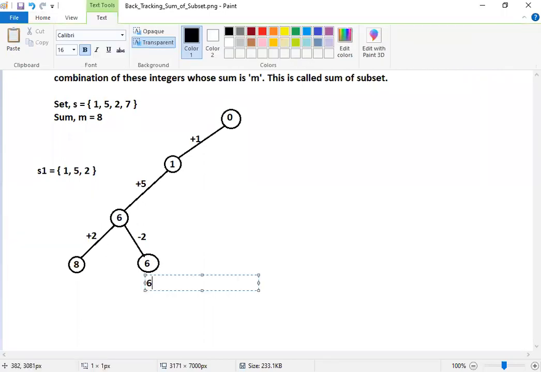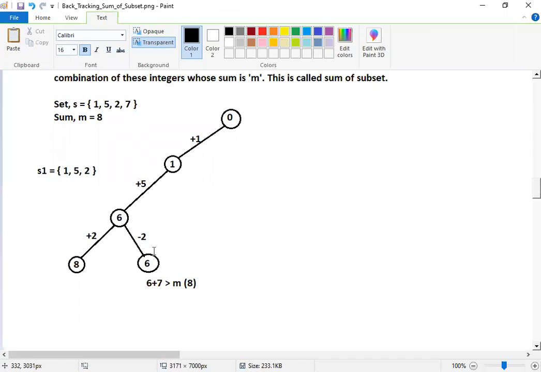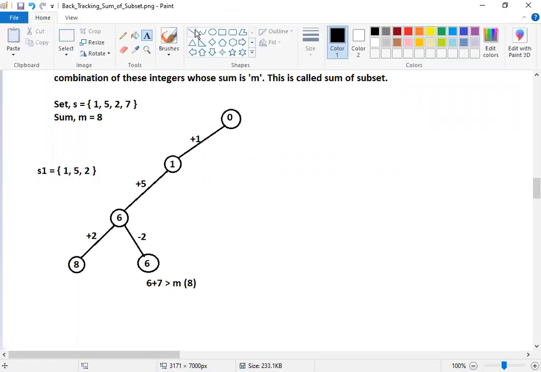The m is actually 8. So it is going to be greater than m. If I consider 7, then I will not get the solution, because the total sum of that subset is going to be greater than the total sum which we have been given. That means if I go with this particular route, I will not get any solution. That means it is a dead end. So that dead end is highlighted in the node. Understood?